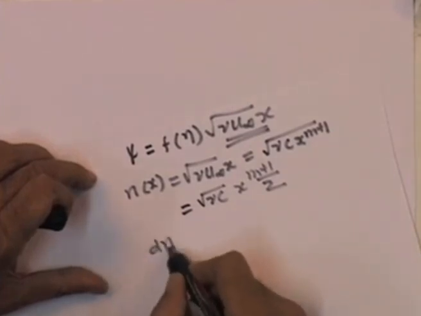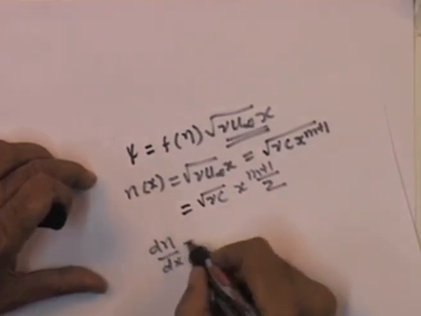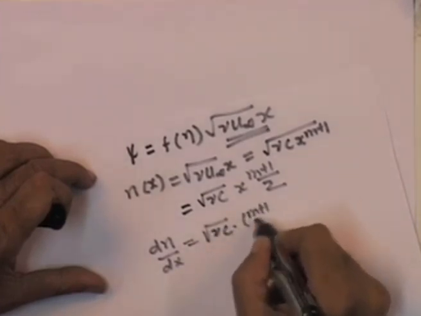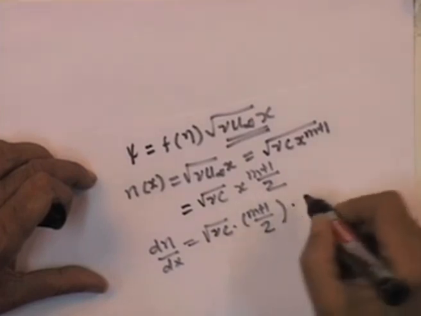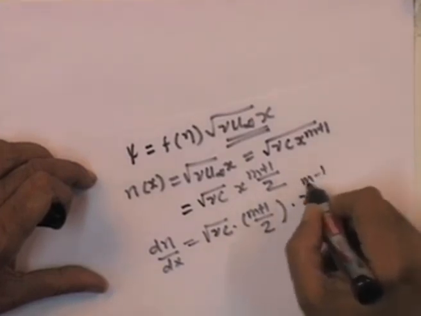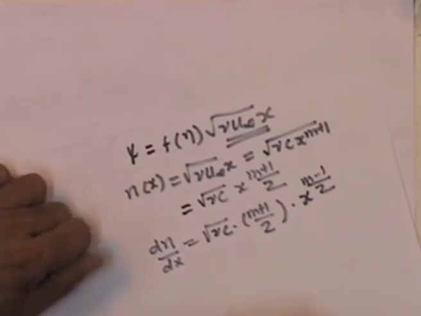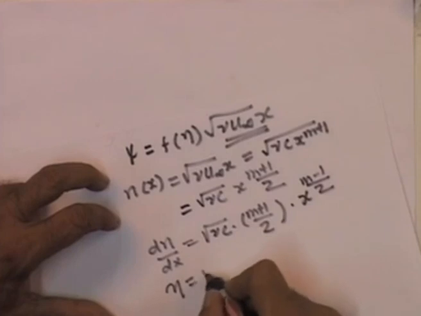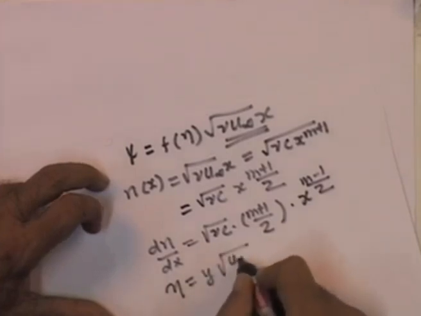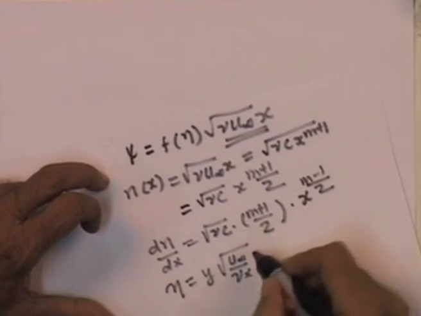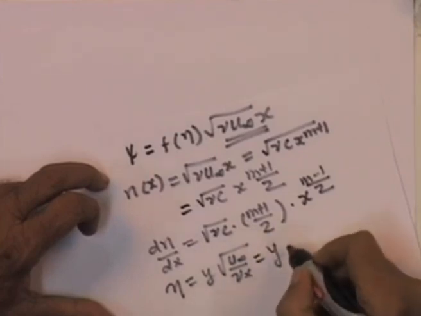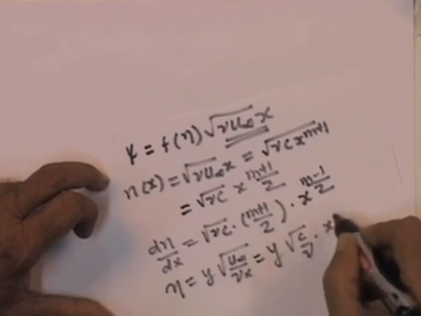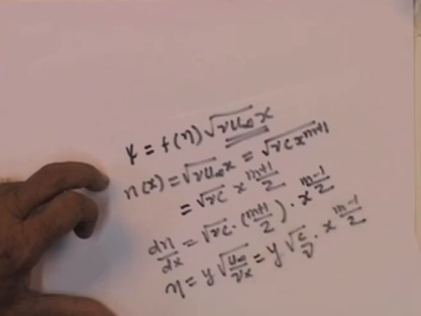dn by dx will be under root nu c into m plus 1 by 2 into x raised to m minus 1 by 2. Similarly, eta, which is y times under root u infinity by nu x, will become equal to y times under root c by nu x raised to m minus 1 by 2.